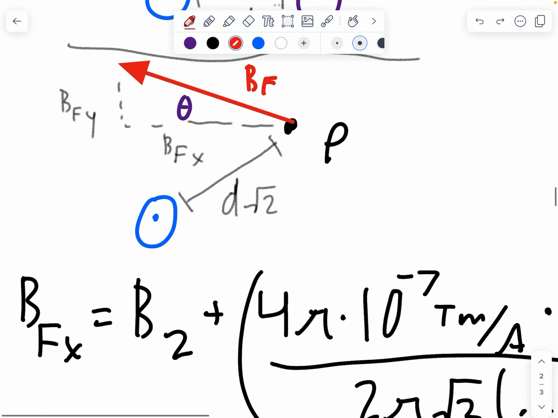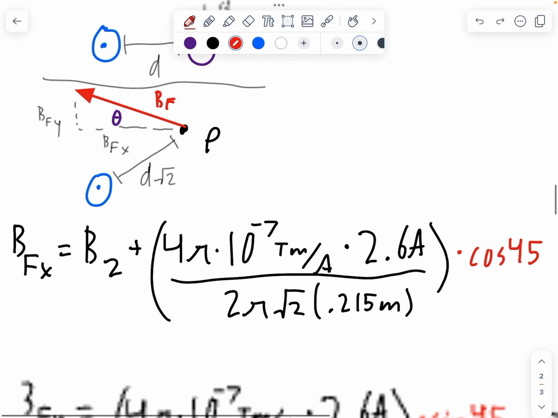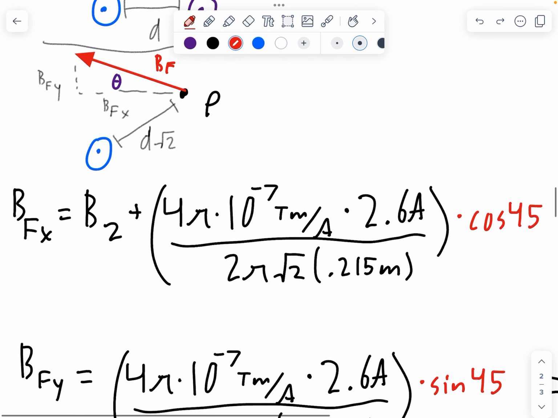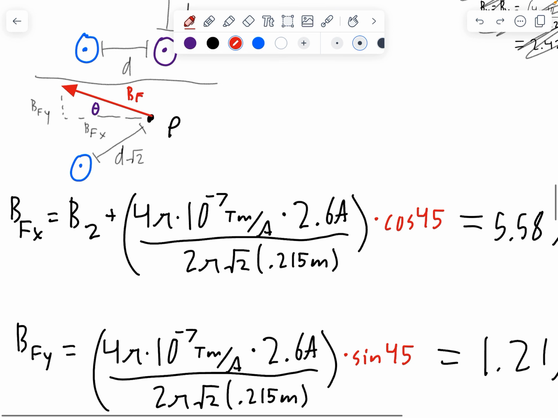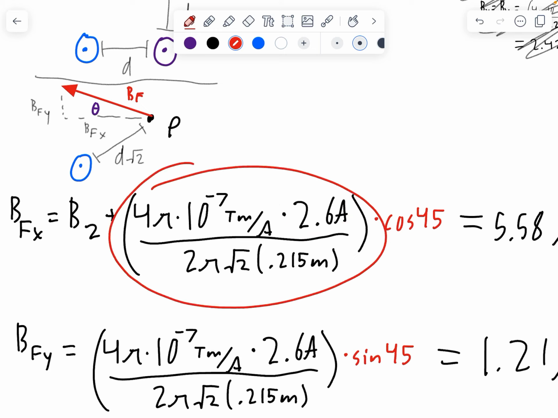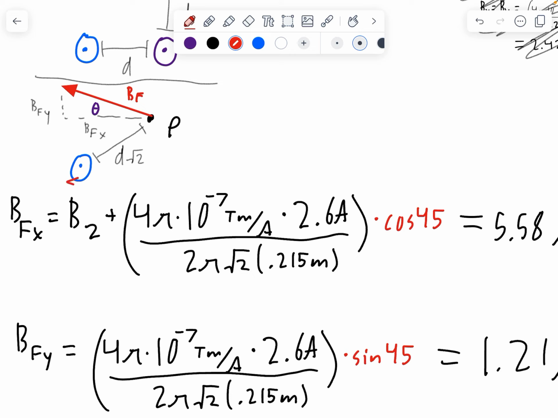I named BF our final magnetic field. So BF of X is going to be equal to B2, which only has magnitude in the X direction, and then I add the field from I1 at the point. Here's our resulting field from I2 in the X direction.